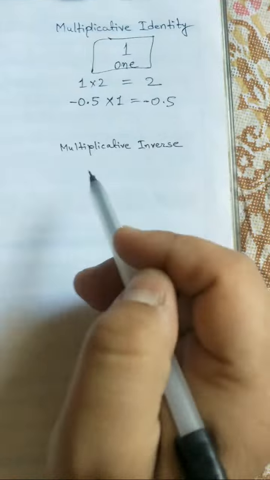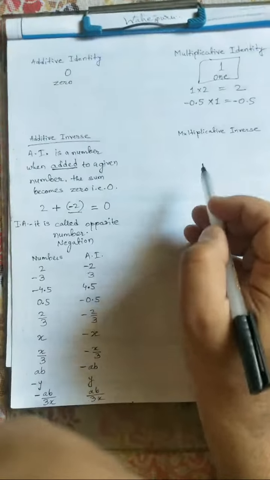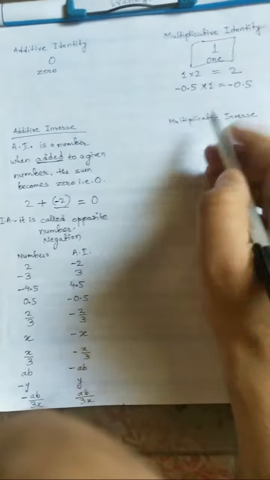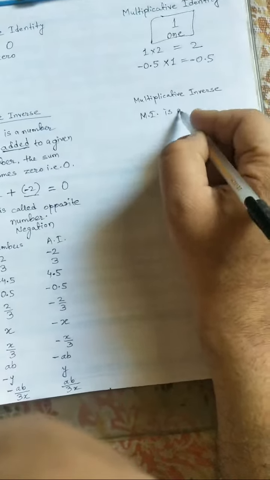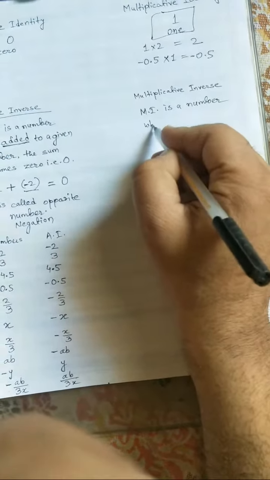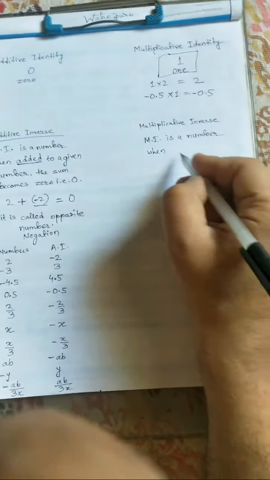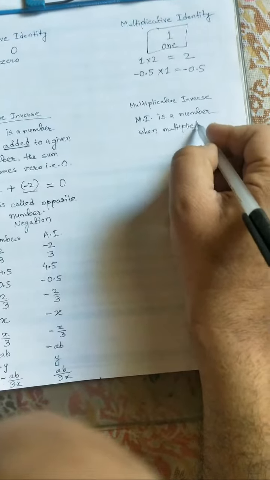Now come to the multiplicative inverse. It runs on the same concept: the multiplicative inverse is a number which, when multiplied to a given number, the product becomes the multiplicative identity, and that is 1. Here you have to do the operation of multiplication.